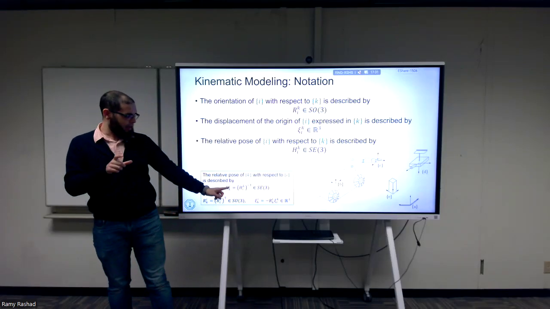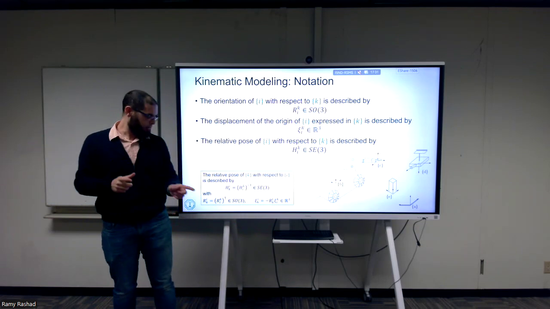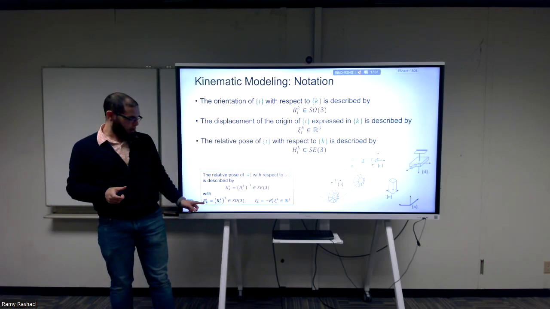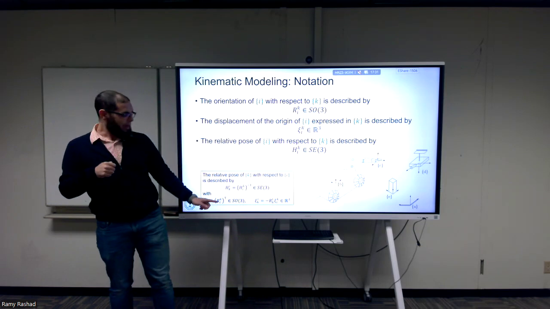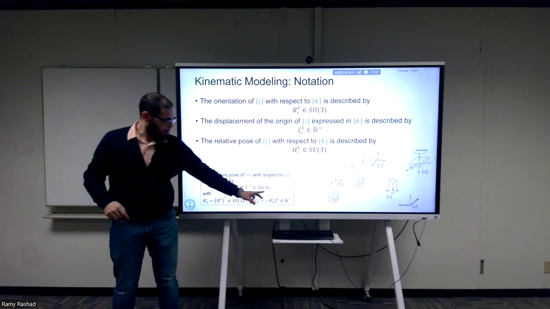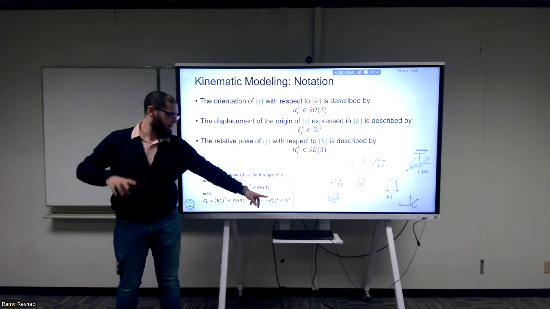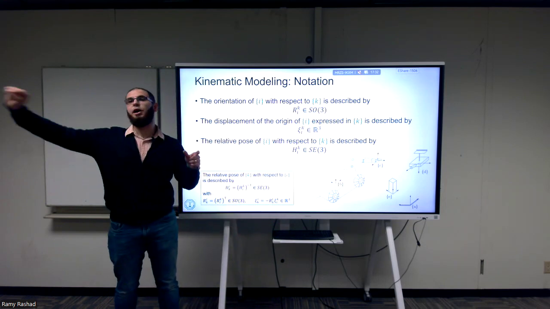The homogeneous transformation has 2 components, a rotation part and a translation part. The rotation part of K with respect to I is the transpose of I with respect to K. And the translation part of K with respect to I has a coupling between the rotation part and the translation part of I with respect to K. So it's not just the minus of the distance.